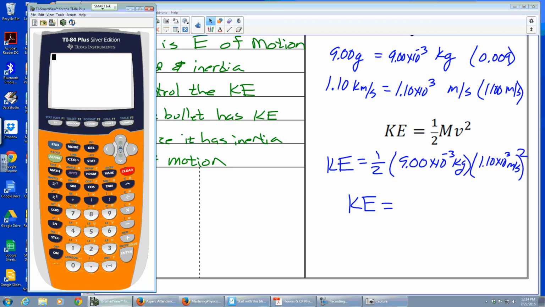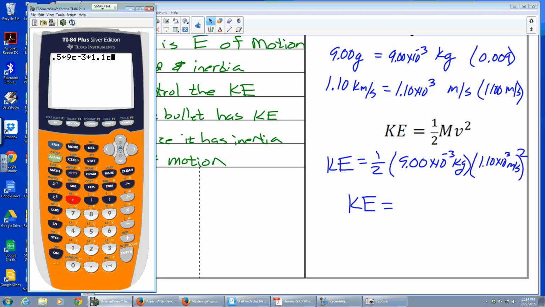So clear that off. Do 0.5 times 9. This is where I use my EE key, which is a shift on the apostrophe to give me a lowercase E, -3, times 1.1.